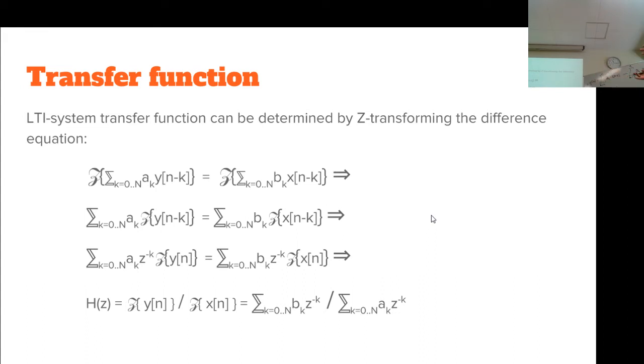So any linear time invariant system can be described as a difference equation like that, which automatically also defines the transfer function of the system. These terms are exactly the same. Reminder, remember the sign here. The most common error when making the transfer function is forgetting this sign operation. All right, but anyways, fundamentally they are the same.